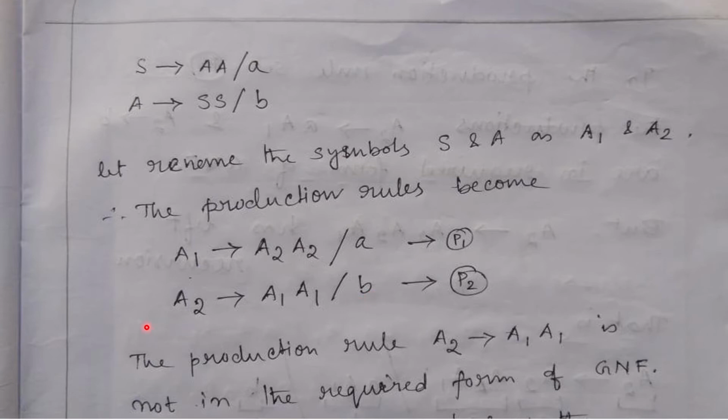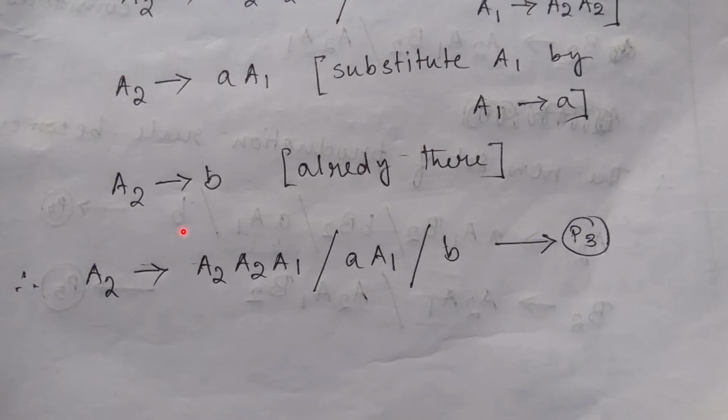One is a2 to a2 a2 a1. Another is a2 to small a a1, and another already present, that is a2 to b, and that is what I have written over here. This a2 to b was already present, that's why ultimately a2 can be written as either a2 a2 a1 or small a a1 or small b, like this. So this is another state.